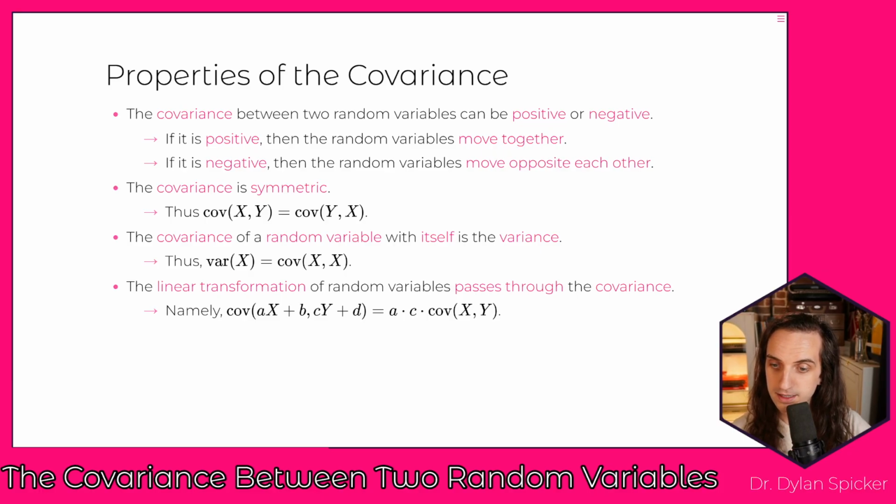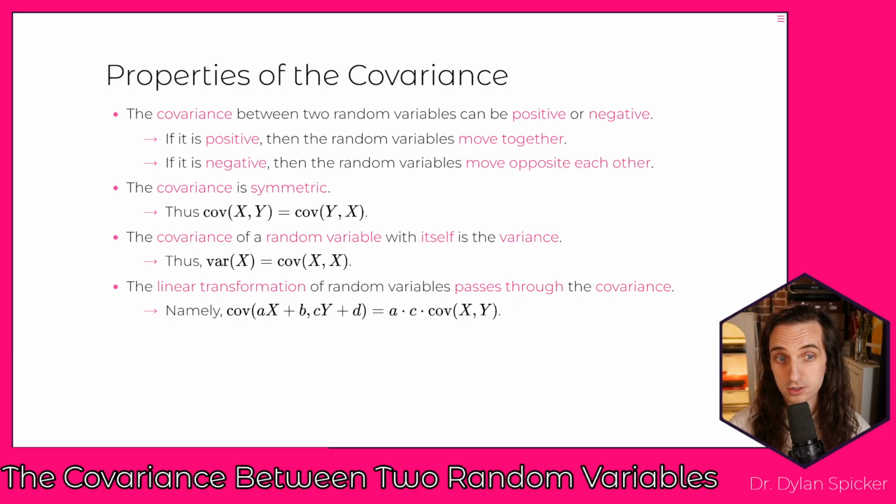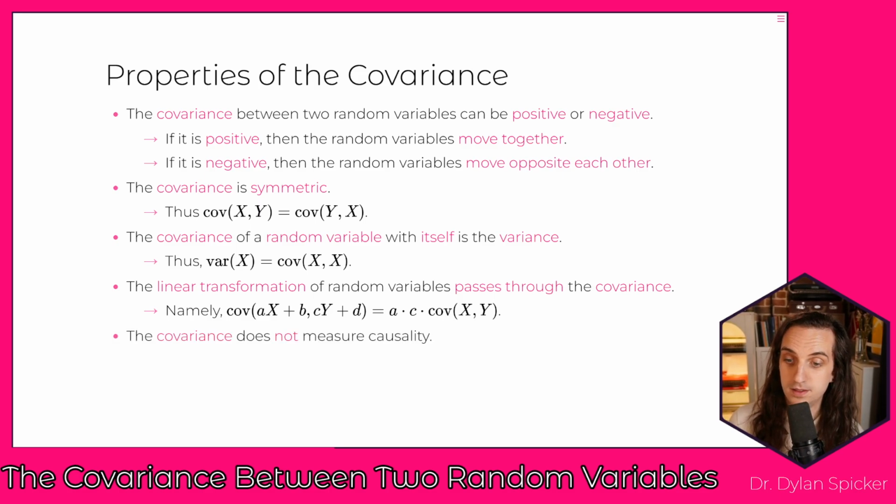So we have the expression here, and the constant multiples, a times x and c times y, both come out front. And then the constant additive terms, plus b and plus d, are actually going to just be dropped. Again, this is similar to the behavior of the variance, where constant addition doesn't actually change our variability, but multiplication does actually multiply.